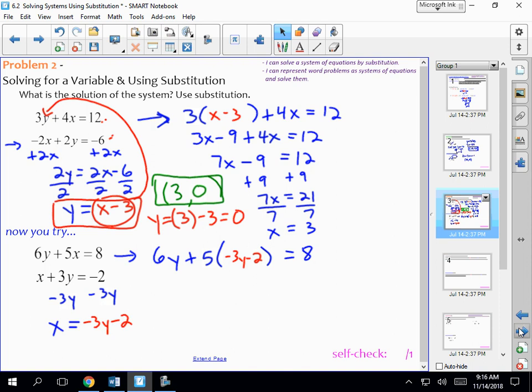X equals negative 3 times negative 2 minus 2. So it's negative 3 times negative 2, and x equals whatever. Yeah, negative 3 times negative 2 is 6. It's 6 minus 2.